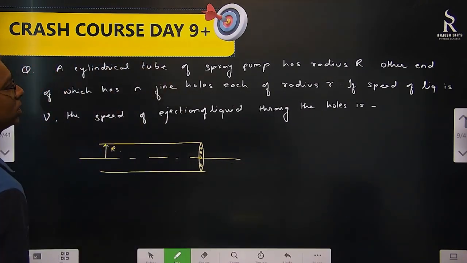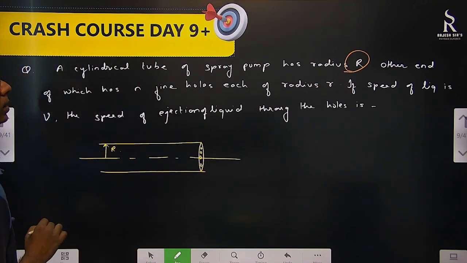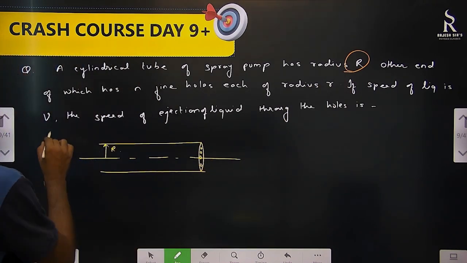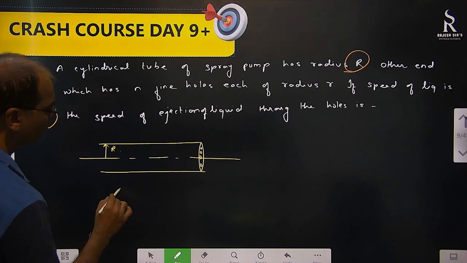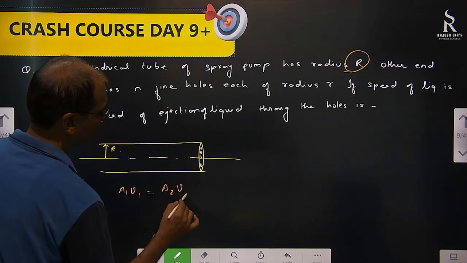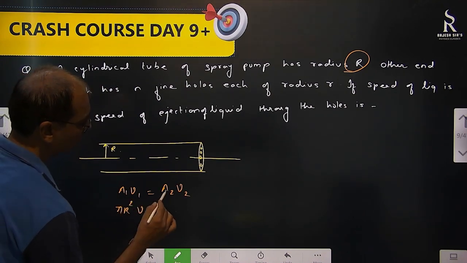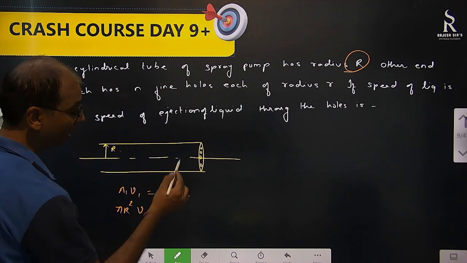So area into velocity. Here it says that its radius is r, and speed of liquid is v. So A1 V1 equals A2 V2, nothing else. A1 is pi r square, V1 is v. Now say n holes are there.